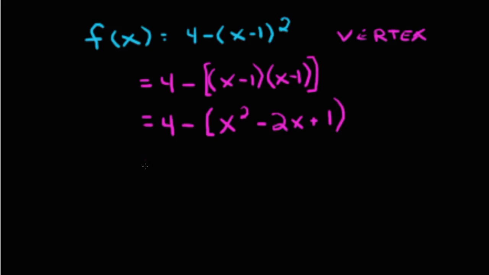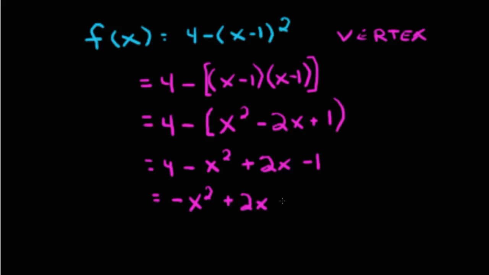So that equals 4 minus x squared plus 2x minus 1. So then in standard form we would have negative x squared plus 2x, 4 minus 1 is 3, so plus 3. And that's how we go from vertex form to standard form. We just multiply it out.